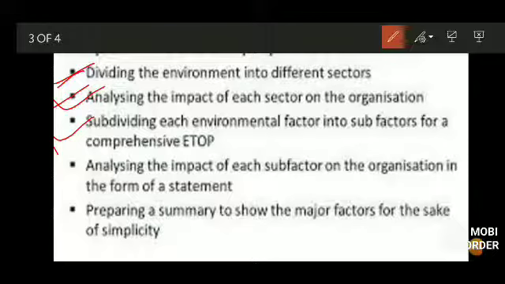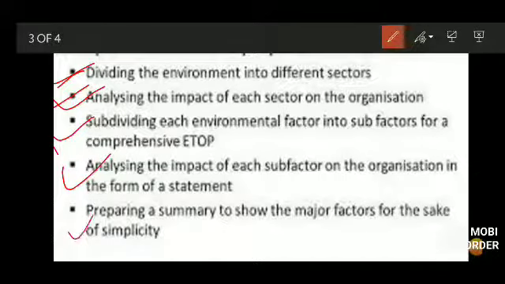Now, how is the social factor going to impact the environment? That we'll understand, and at the same time, how is it going to impact it at the sub level? That also we are going to assess. Next is analyzing the impact of each sub-factor on the organization in the form of a statement. It has to be mentioned in a statement form.